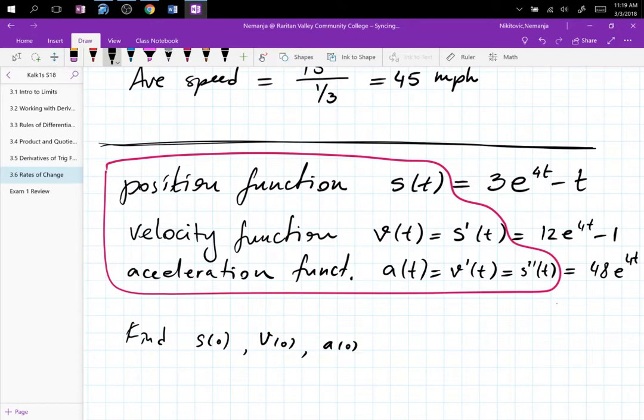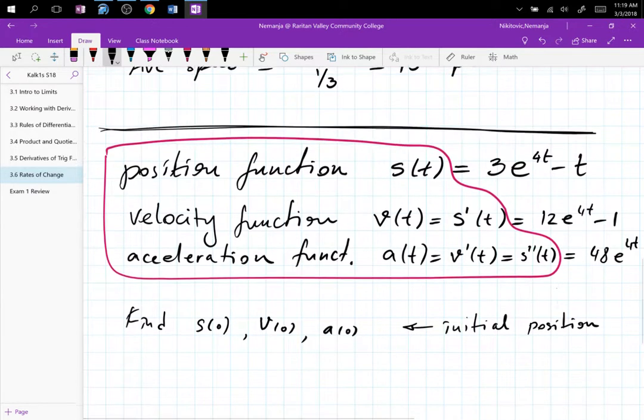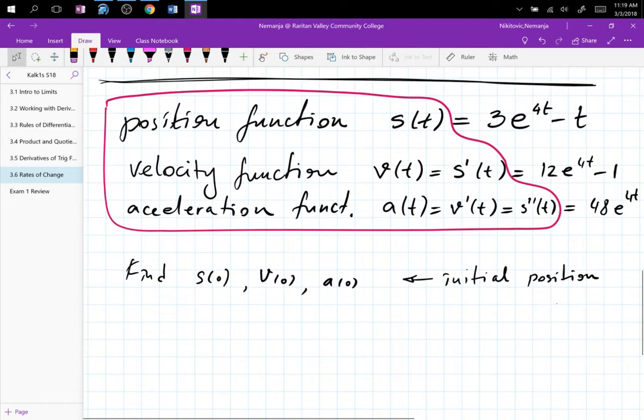Now, when you have this situation of 0, this is initial position, initial velocity, initial acceleration, everything initial, because it's at 0. That's when everything starts. So in our case, s of 0 is going to be 3e to the 0 minus 0, which is 3.